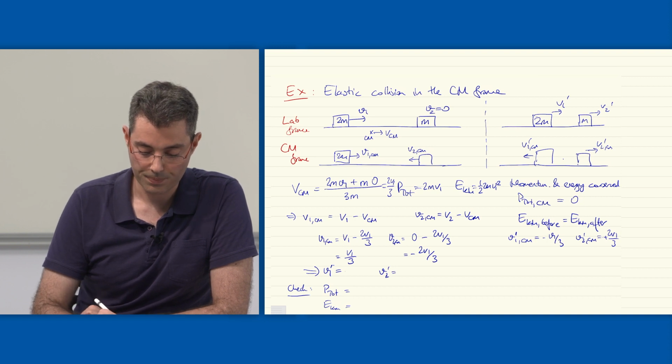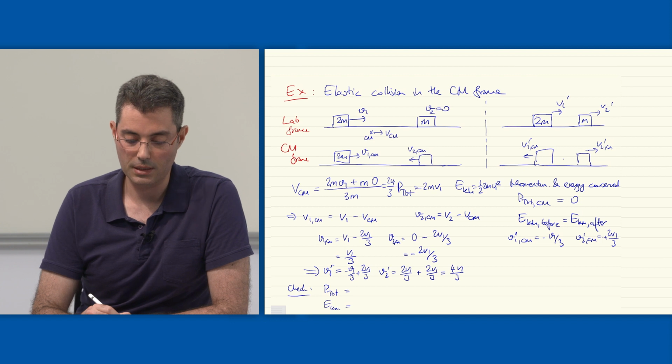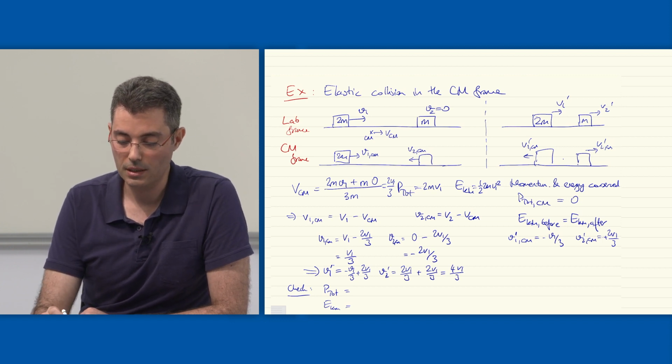So it's minus v1 over 3 plus the center of mass velocity 2v1 over 3, and for v2 prime, it's 2v1 over 3 plus the center of mass velocity 2v1 over 3. Which gives me 4v1 over 3 for v2 prime and v1 over 3 for v1 prime. So our original choice of directions was correct.